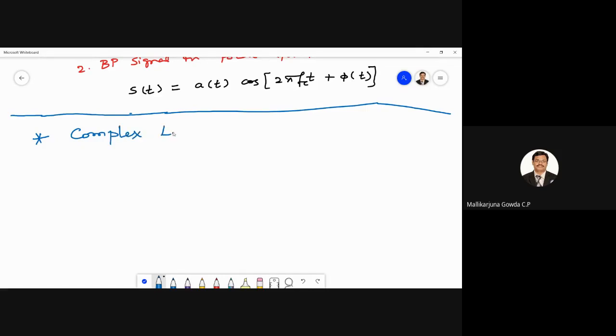Complex low-pass representations of bandpass systems. So now we are discussing about system, not the signal.